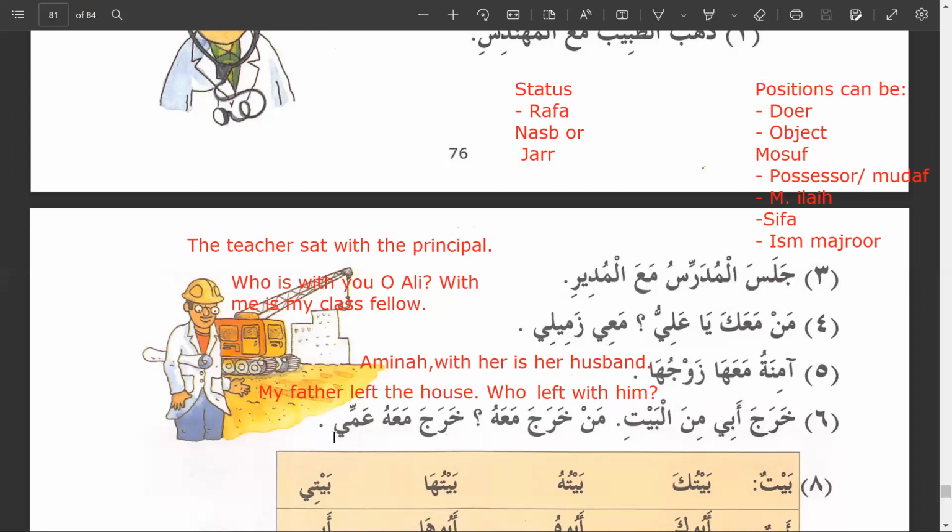Ammi means my uncle. Ya means my. So ammi kharaja ma'ahu. With him left my uncle.